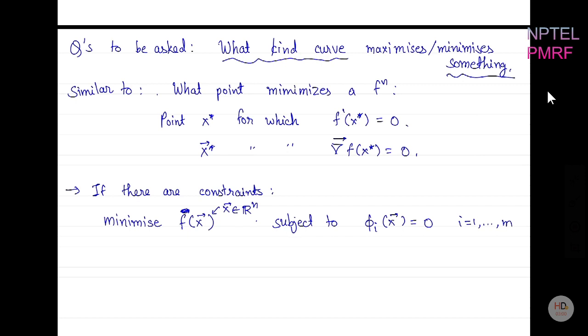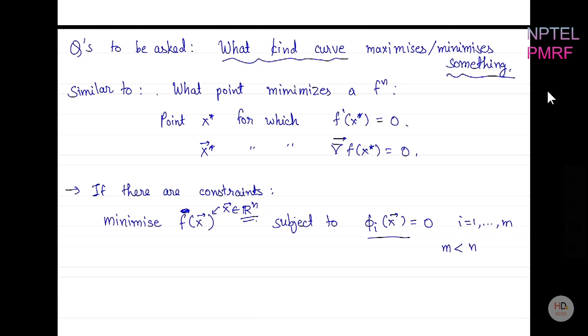Any number of constraints, but the number of constraints should be less than the number of variables, otherwise you have either solved for x or you have no solutions, right? So every constraint in general reduces the dimensionality by 1. If you are in n-dimensional space and you apply one constraint, you are on an n minus 1 dimensional surface. Then a second constraint and you are on an n minus 2 dimensional surface, right?